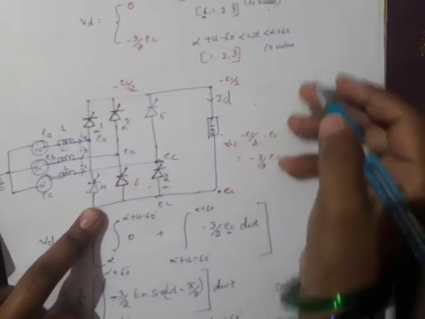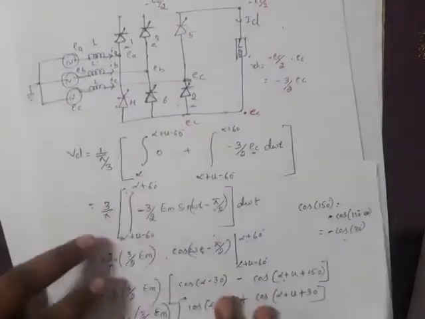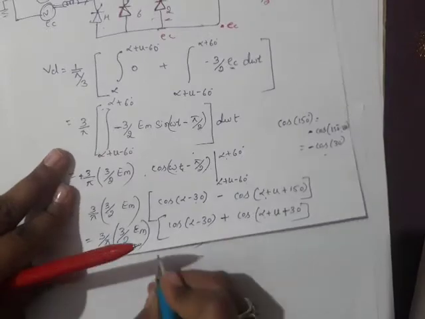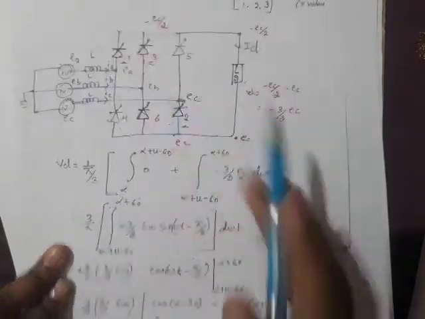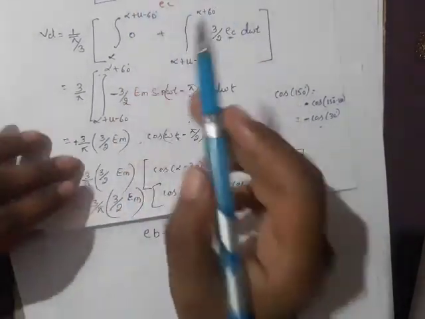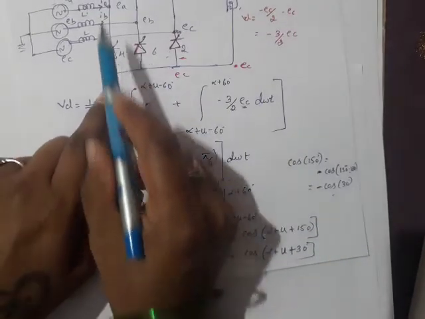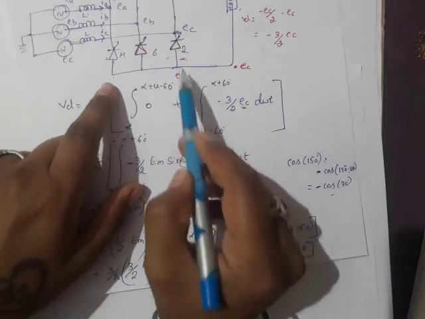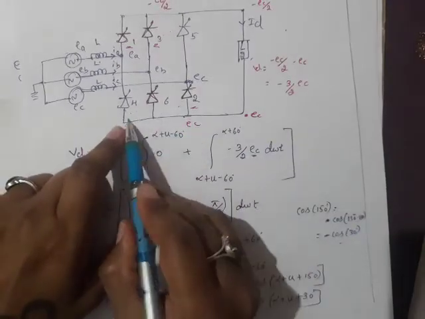If valve number 3 is conducting, the output voltage is, just take a sheet. When valve number 3 is conducting, here the voltage is EB. So the voltage is EB minus, here, which valves are conducting? 2 and 4. 2 and 4 means EA, EC.